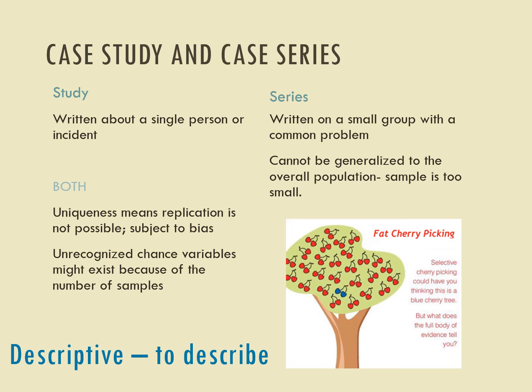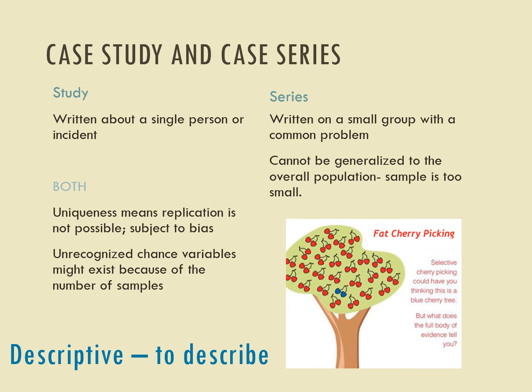And there are going to be unrecognizable chance variables that might exist simply because of the number of studies. We talked about extraneous variables and trying to control those. But when the sample size is so small, it's almost impossible to control all of those other variables because we just lack control here.